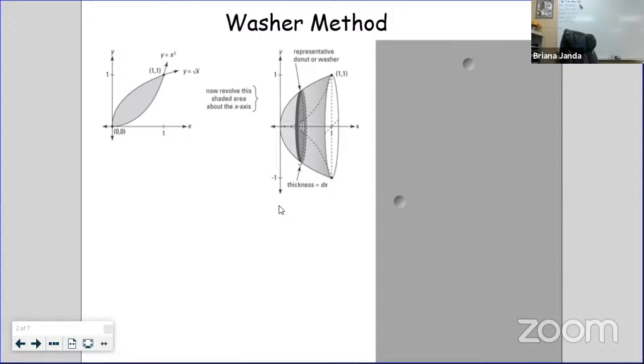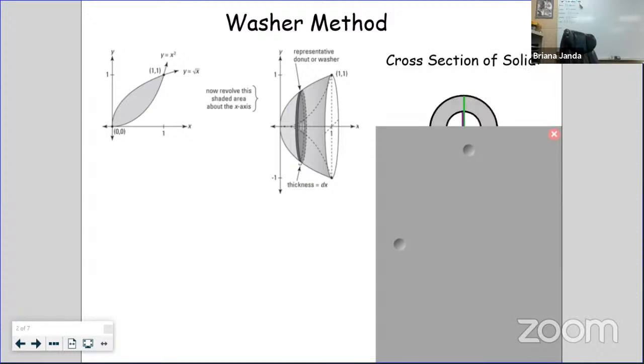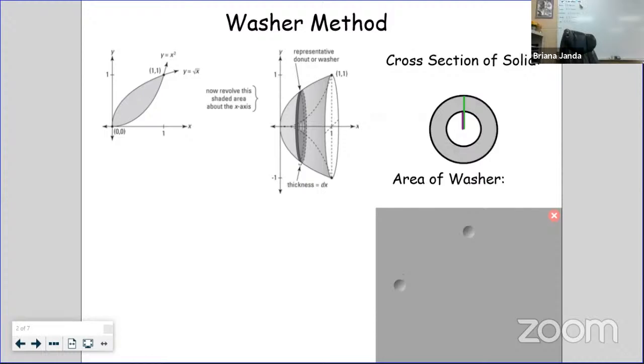So we get a gap between our solid and our axis of revolution, meaning that as I slice it and get a disc, my disc has a hole in the middle, which they refer to as a washer, or some people call it a donut.